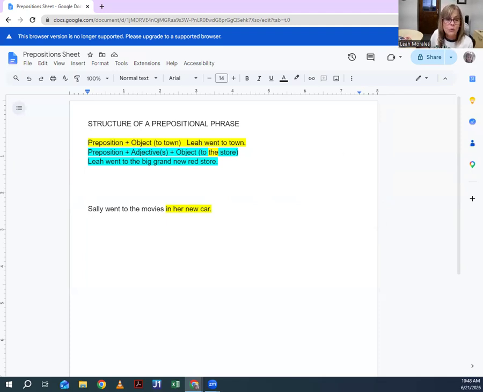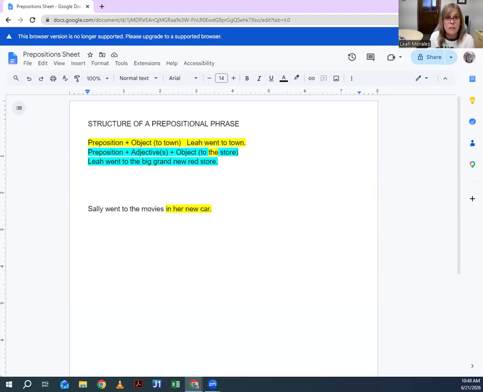Now, guideline 2 is that a prepositional phrase is modifier-based. The thing about adjectives and adverbs is they enhance our sentences, but they are not necessary. You can take them out. You can say, with one of our adjectives, Matt bought an old book. You could take out old and just say Matt bought a book, and that is still a sentence.